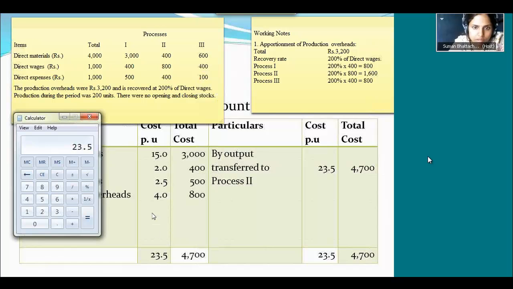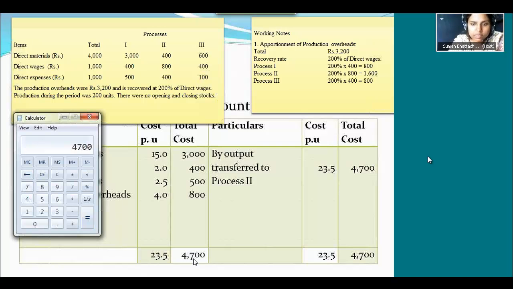Now this is the total of cost per unit. Now we have to find out the total of total cost. So the total of total cost will be 3,000 plus 400 plus 500 plus 800, which comes to 4,700.